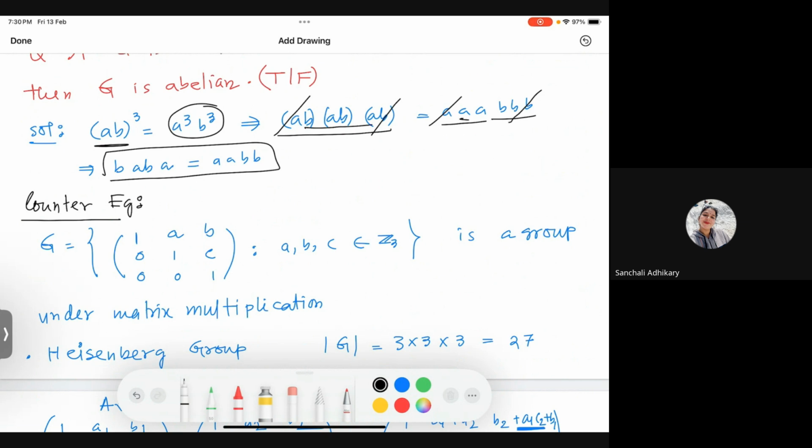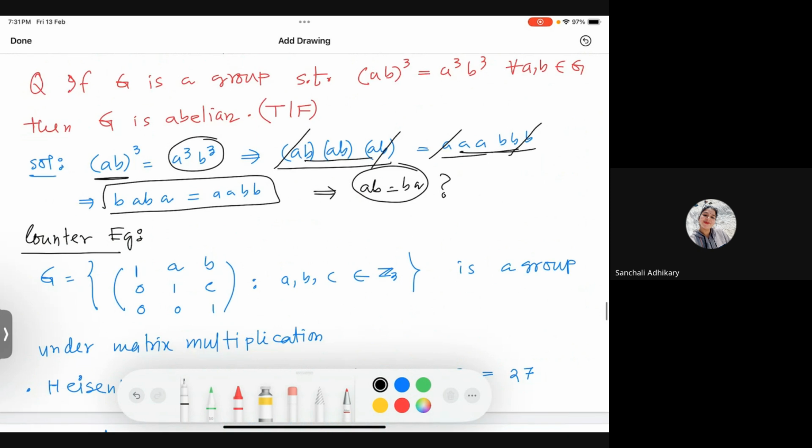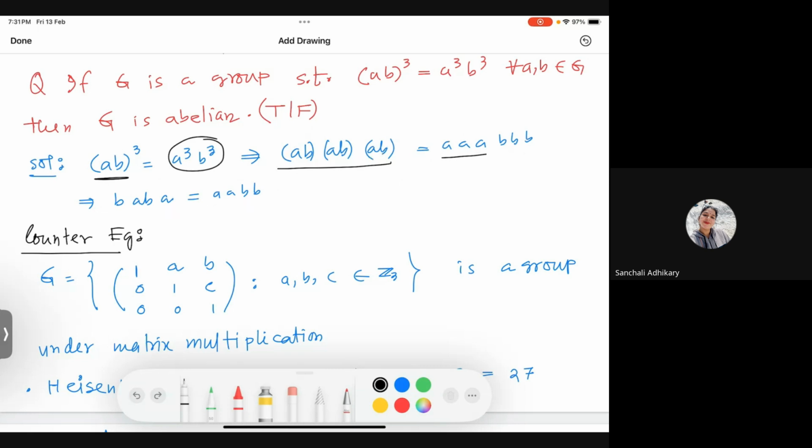And here A^2 into B^2. So from here, can you say AB is equal to BA? Is there any process to go from this line to this line? So first of all, try this. If you face some problem, then go for the counter example.